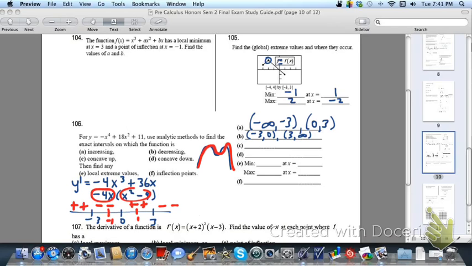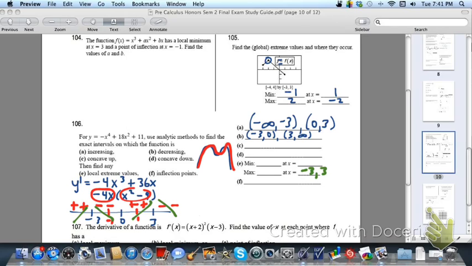So we have that. Now that also tells us that we have a max. So when f of x increases then decreases, we have a max value at x equals negative 3 and also 3, because f goes up and then down.